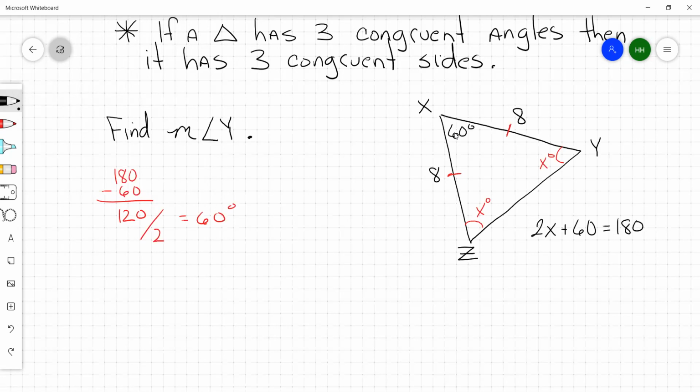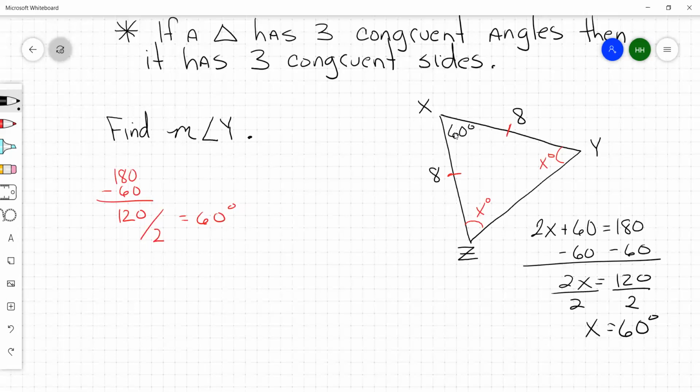The three angles in the triangle have to sum to 180. And then you could subtract 60. And you could divide by 2. And you would still get 60 degrees for each of those angles. All right? So the measure of angle Y is 60 degrees.